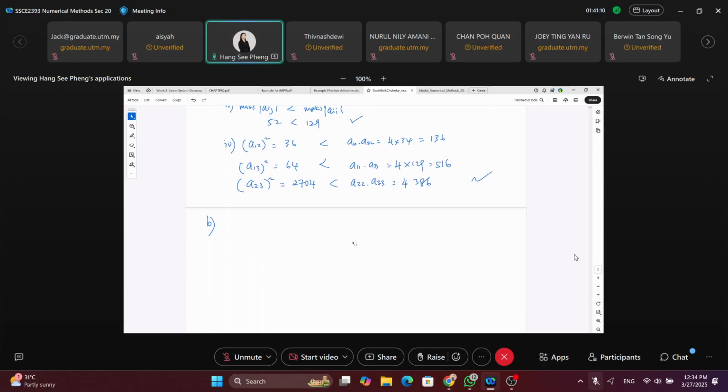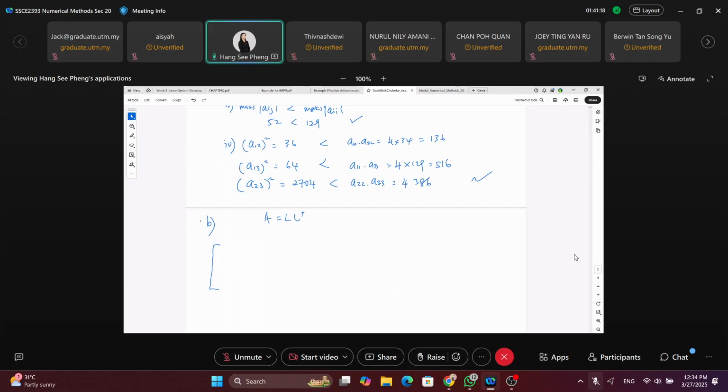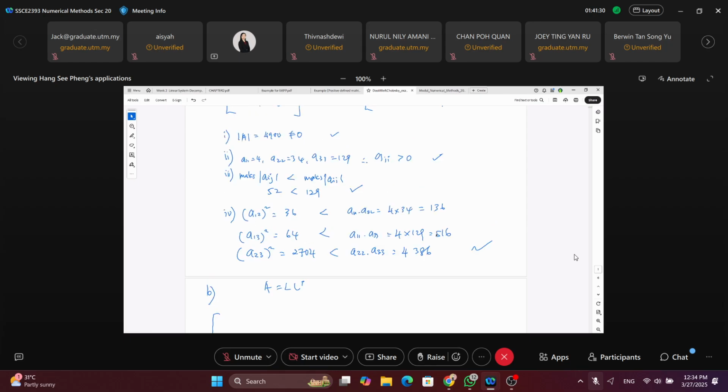There we go. A equals to L, L transpose. So use the, Aij is the diagonal value when I equal to J. Should I write something wrong here?